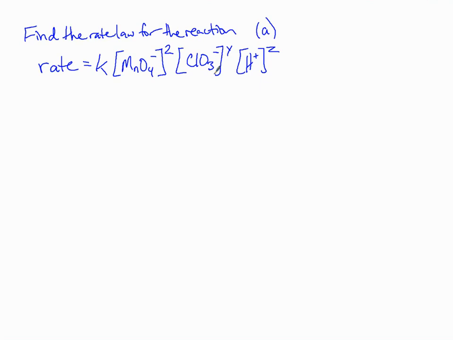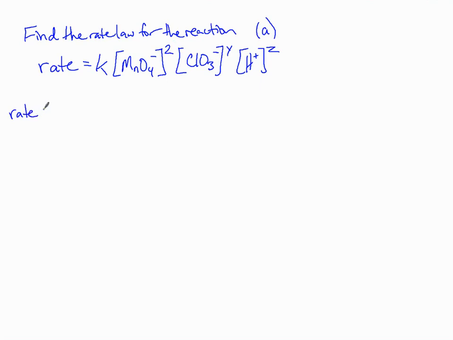Let's look at trials 1 and 3. The permanganate concentration is changing, but we also know that it's second order, so we'll be able to work with that. The hydrogen concentration is staying the same, and so ClO3 minus is changing. Let's go ahead and write these down so we can see the numbers.